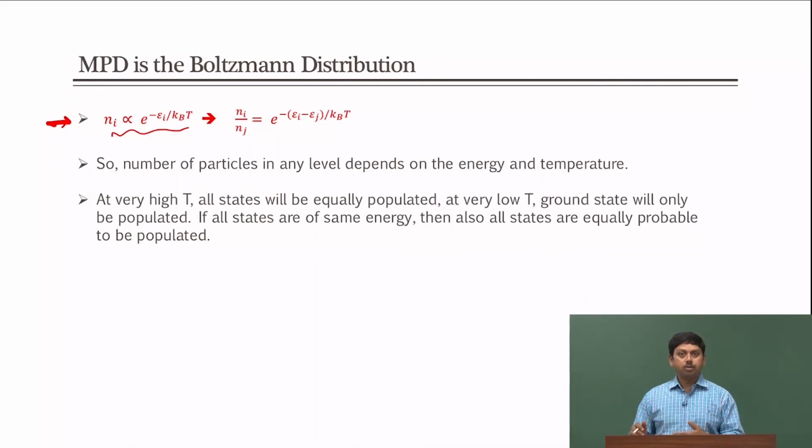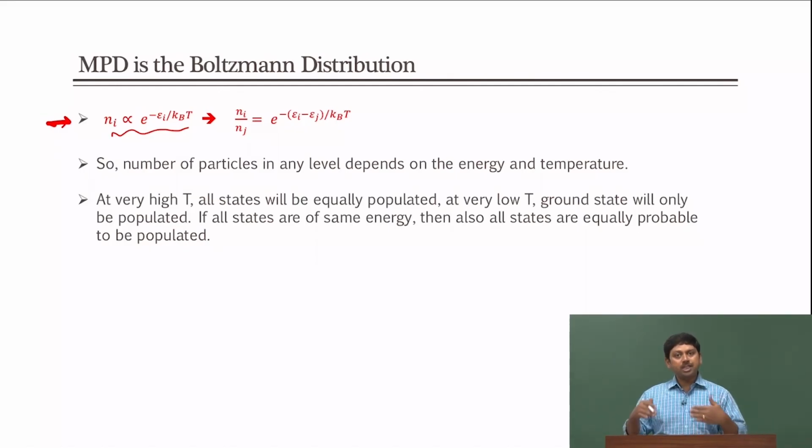The Maxwell-Boltzmann distribution also says that if all Ei's are the same, then Ni by Nj will be equal for all of them. Only because they are different, it is proportional to the energy. So, if the energy is the same and the temperature is the same, then all of them will be equally populated.